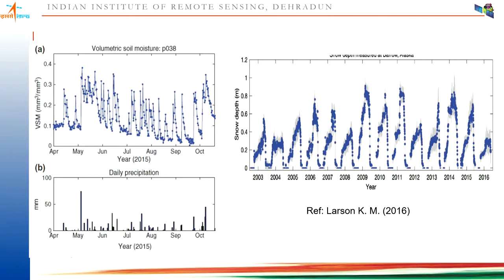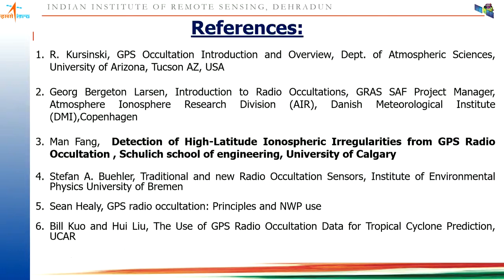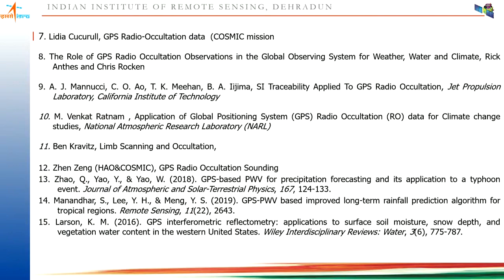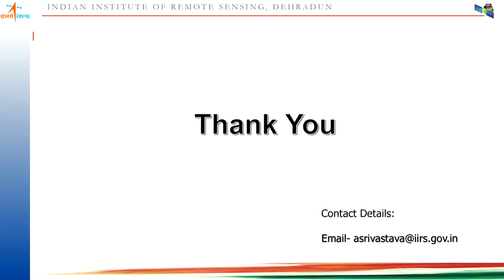We are establishing our setup, a GPS network at different places, GPS stations, and data collection is going on from there, after which we are also going to derive these parameters. These are the references, and thank you very much.